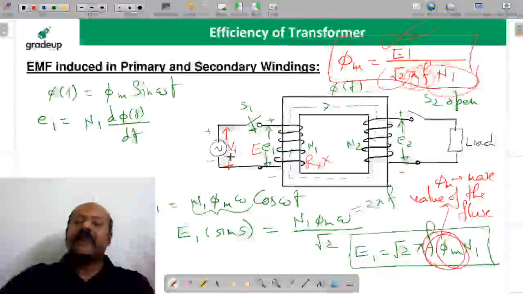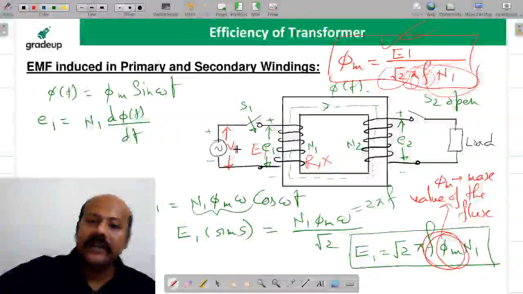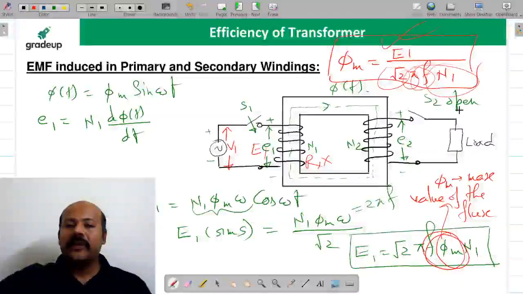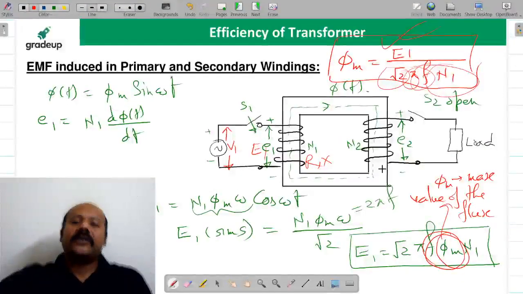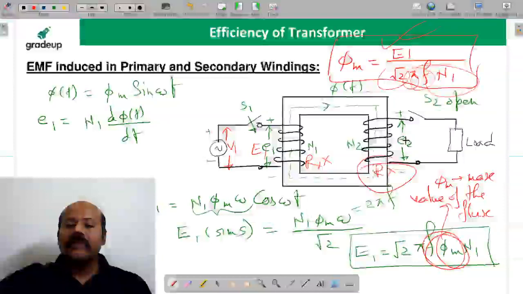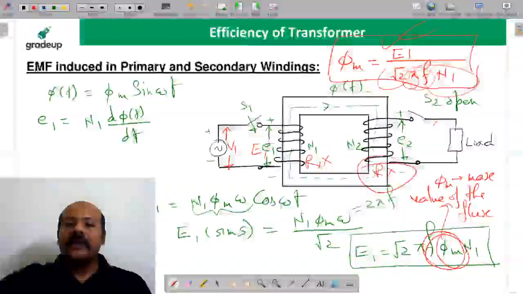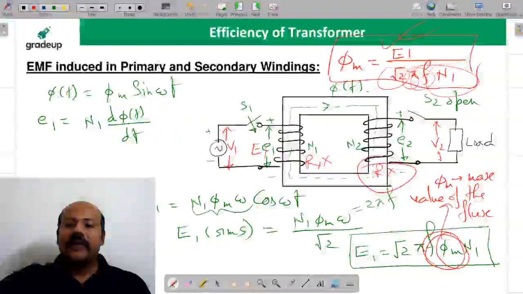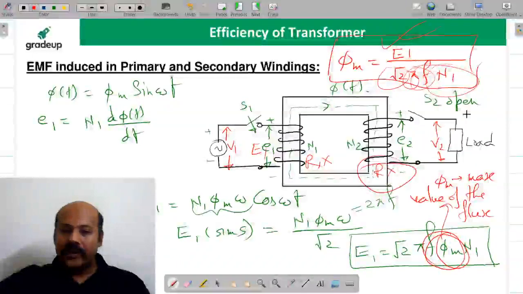RMS value means the effective value. And same is the case here because it is open circuit condition, S2 is open, and even if it is closed, please try to understand it is ideal transformer. So again R and X here also being neglected. So whatever EMF is going to appear here, it is going to be the voltage across the terminals of the load.